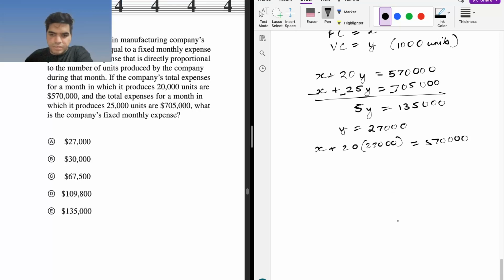So x plus 540,000 is equal to 570,000, which means x is equal to 30,000. So option B is the answer.